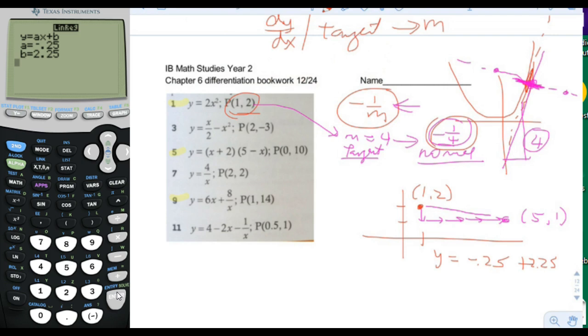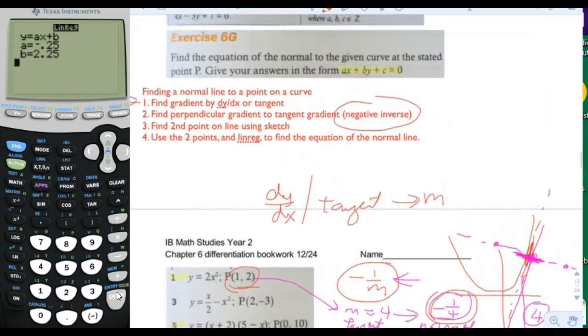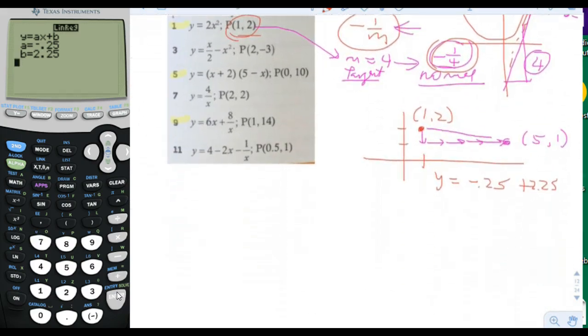Now the last step we need to do in this case would be to change the equation to standard form. So we need to put everything on the left and leave 0 on the right.